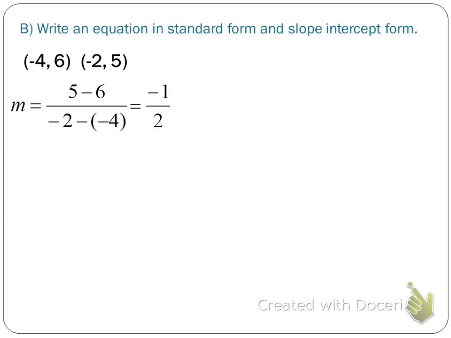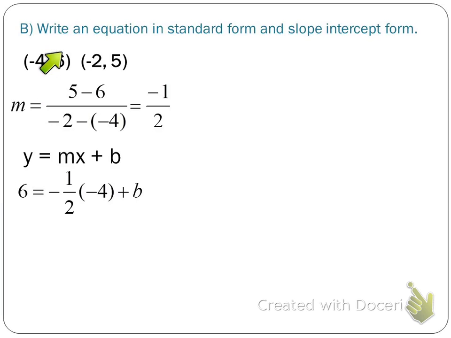All right, now you just pick one of the ordered pairs and plug it in to y equals mx plus b. So I am going to do the 6 and the -4. So I put the 6 in for the y, the m in for the m, the corresponding x.